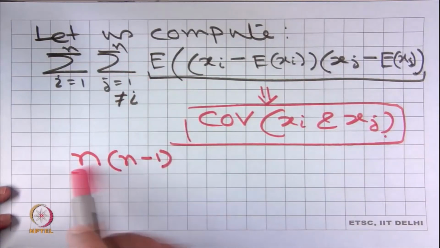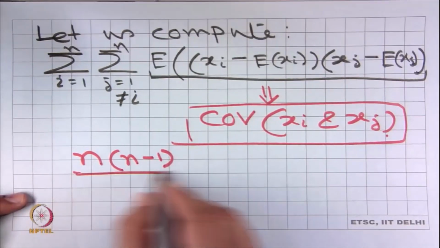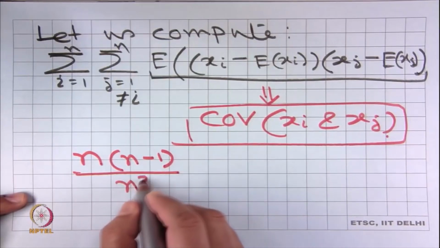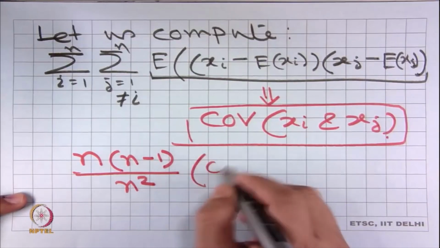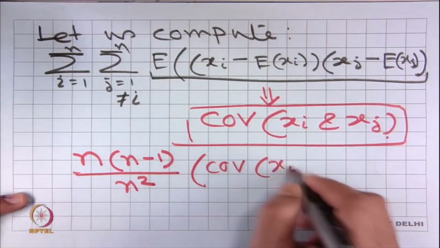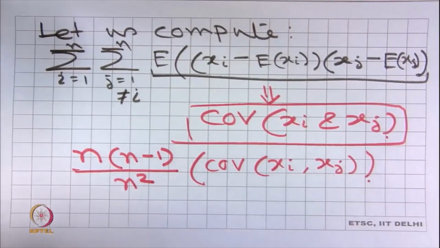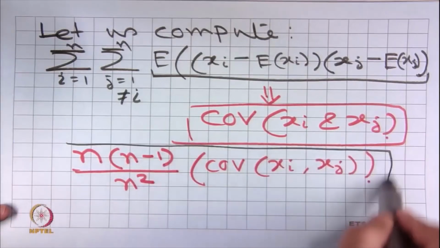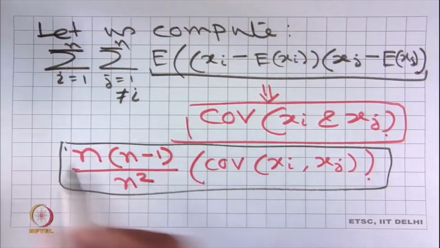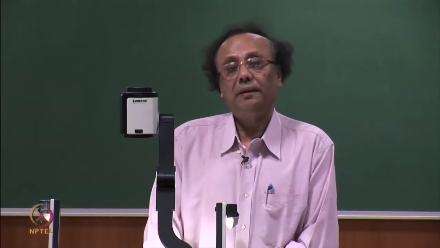Already we have a factor 1 upon n square. Now, what we are trying to write here is covariance of x i x j. This is the term that we need to figure out. Here, there will be a difference between SRSWR and SRSWOR.